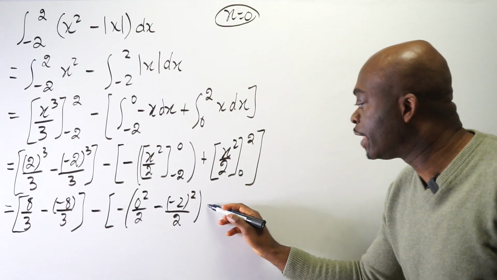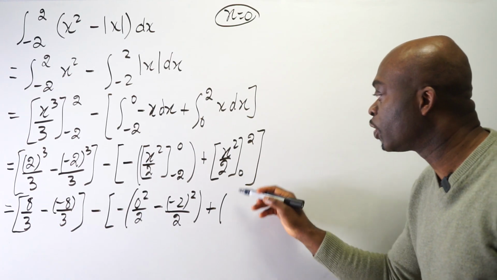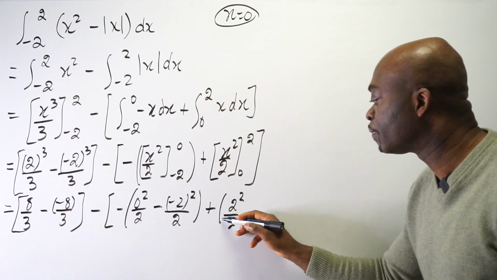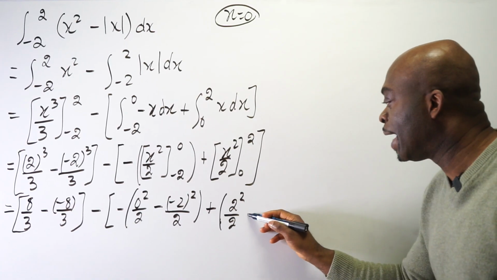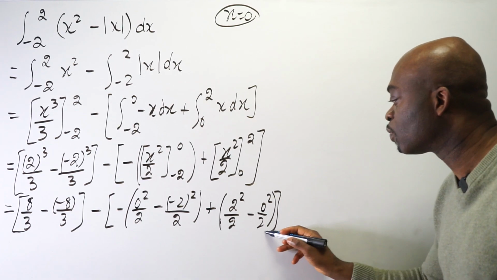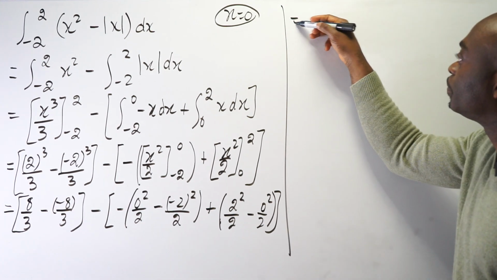Okay? Then here we have plus. So what's happening here, we can open parentheses also here for this one. So this one will give us 2 to the second power over 2. For 2 first. Minus, then we have 0 to second power over 2. So we can close this one.